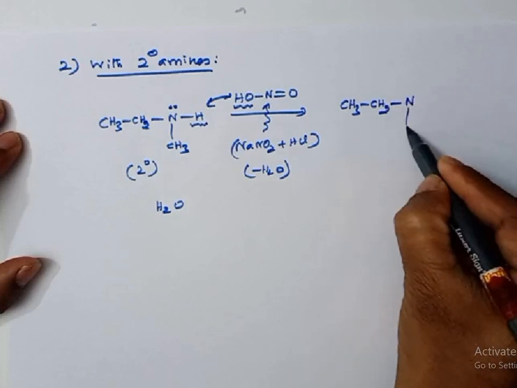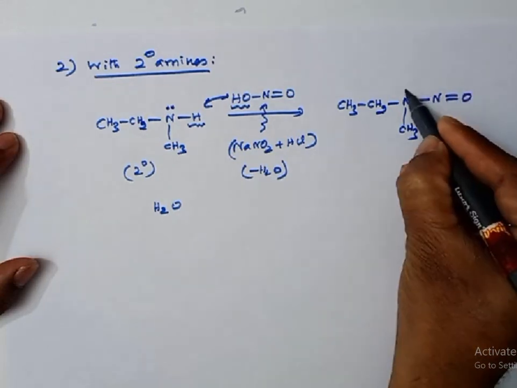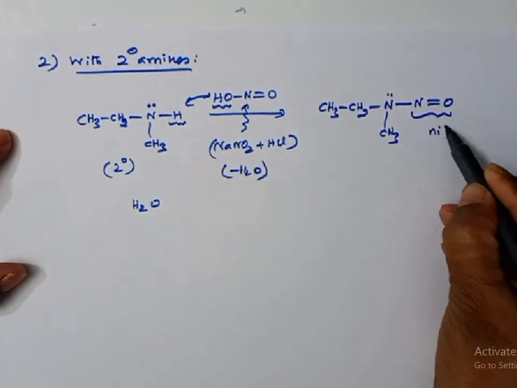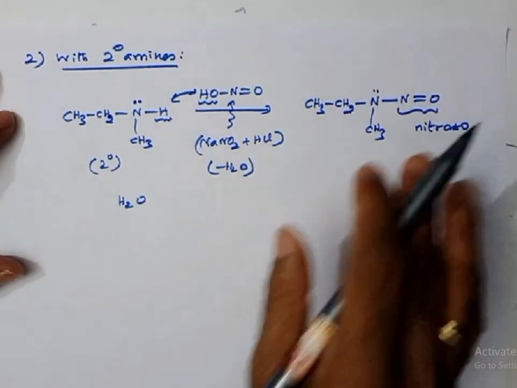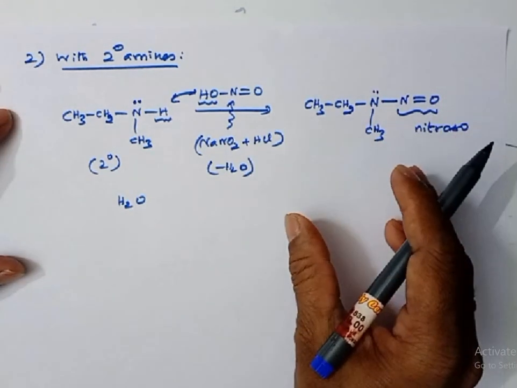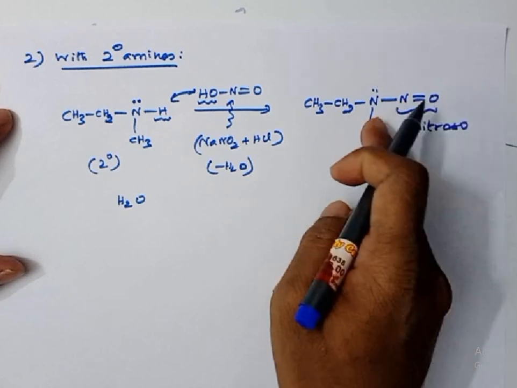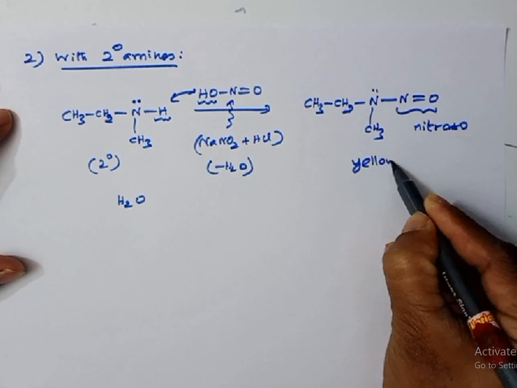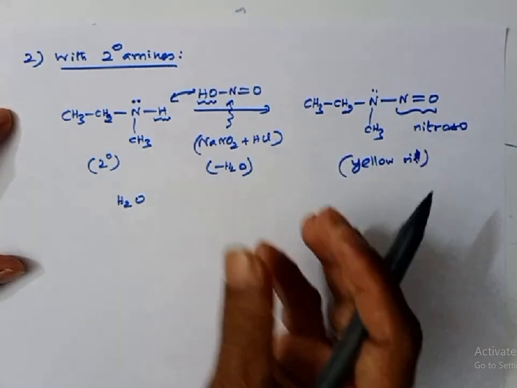CH3CH2 N CH3. Now to this the nitroso group gets attached. This group is called the nitroso group. And if you observe carefully, students, this compound is insoluble in water and appears like a yellow oily liquid. So your solution becomes turbid.